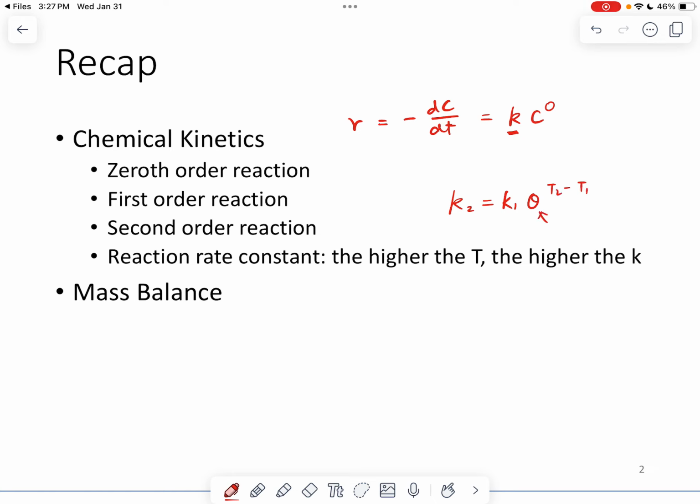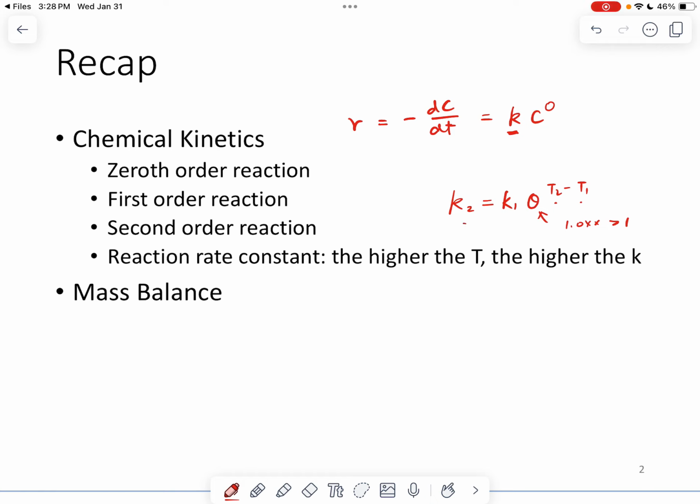And theta takes values of 1.0-something. It has to be larger than 1, because only then do you have the situation where the higher the temperature, the larger the reaction rate constant.